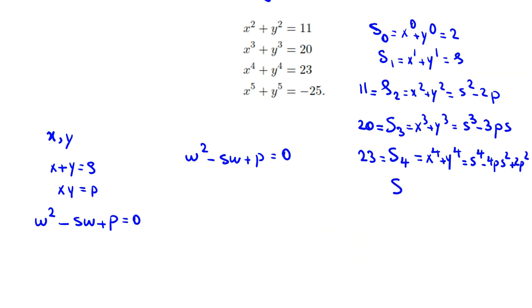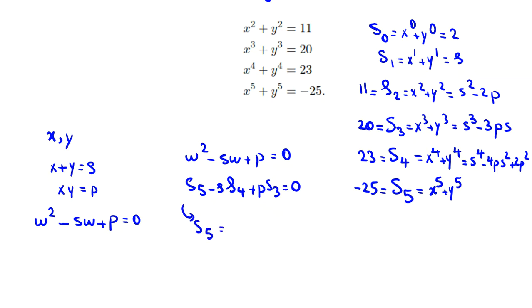Now let's calculate S5. S5 is negative 25, equal to x to the 5 plus y to the 5, which we want to calculate. So let's replace it here. S5 minus s S4 plus p S3 equals 0. So we consider S5 equal, taking these things to the right hand side, s S4 minus p S3.